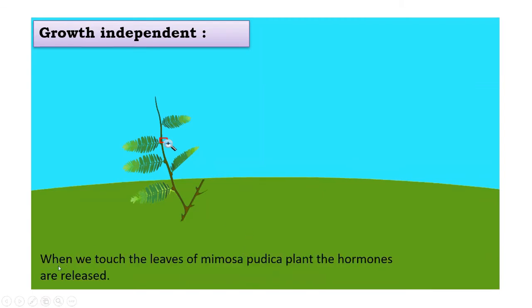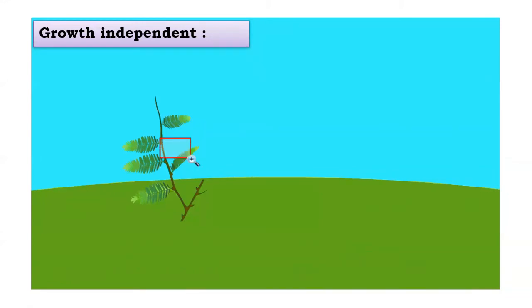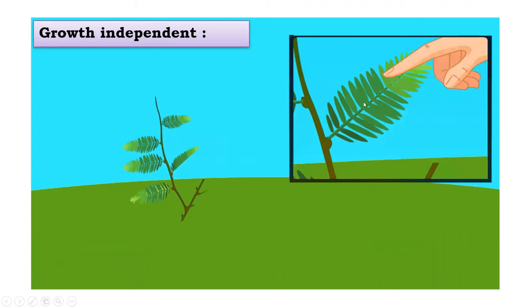So what do we know about the mimosa plant? When we touch the leaves of the mimosa pudica plant, hormones are released. Let us zoom in and see it in great detail. As soon as we touch the leaves, hormones are released inside the region of the leaves where the touch has taken place.